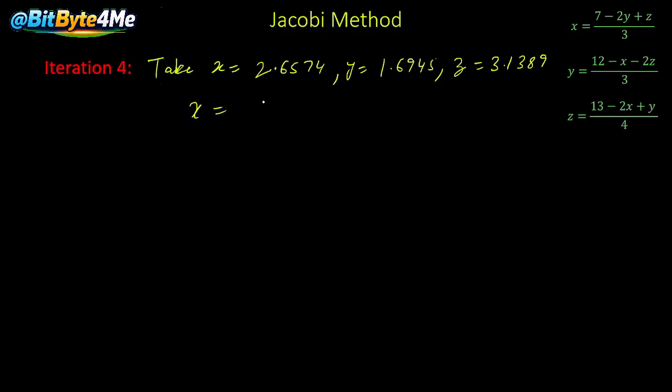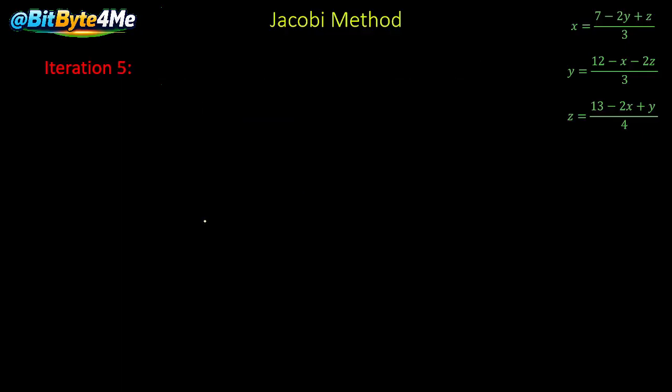X is equal to, you have to put these values, x is equal to 2.25, y is equal to 1.0229, and you will get z is equal to 2.3449. So these values will be used in the next iteration, that is iteration 5.